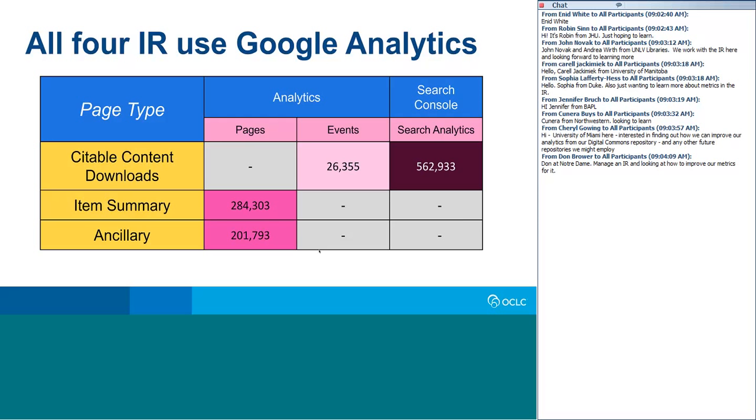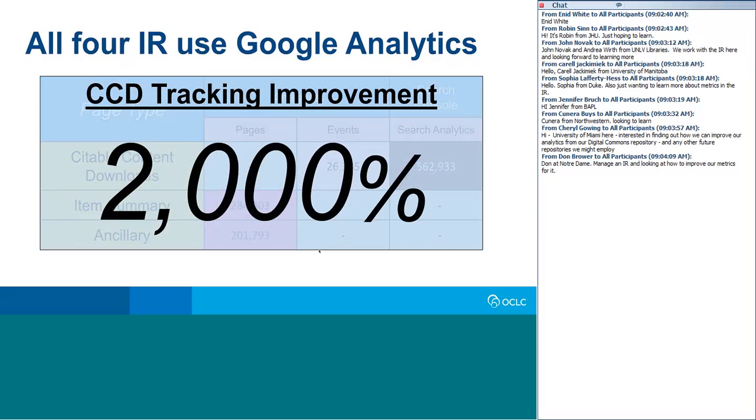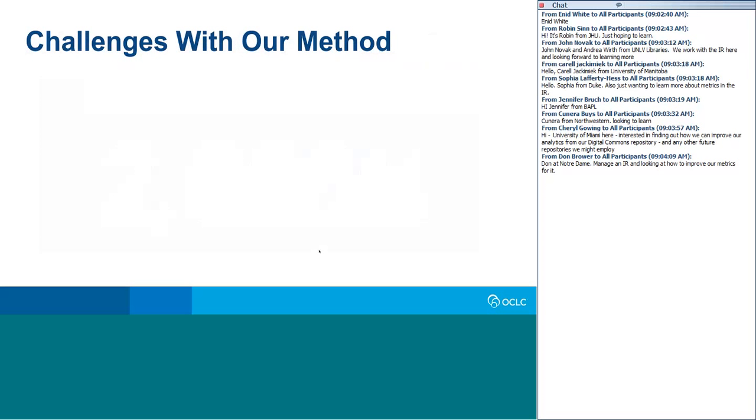So it's a serious undercounting problem. And that improvement, that 563,000 downloads that we were able to show with Google Search Console, is a 2,000% improvement in reporting.